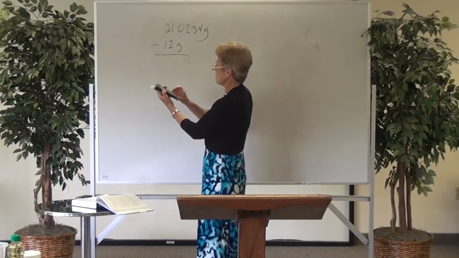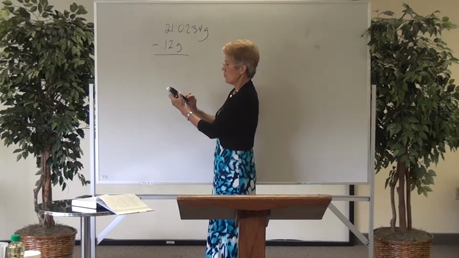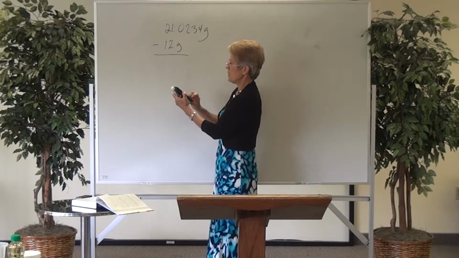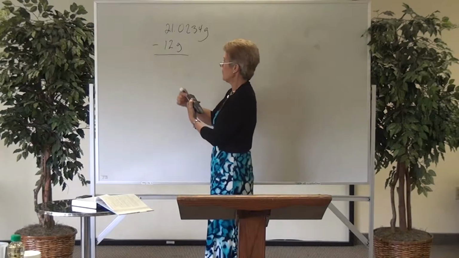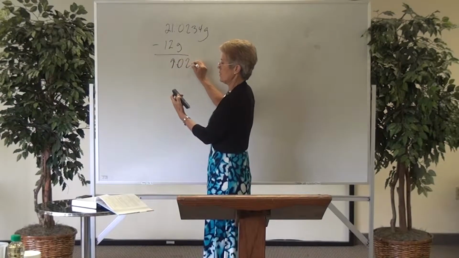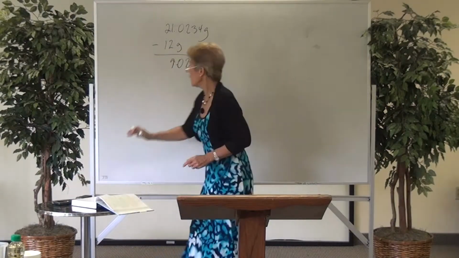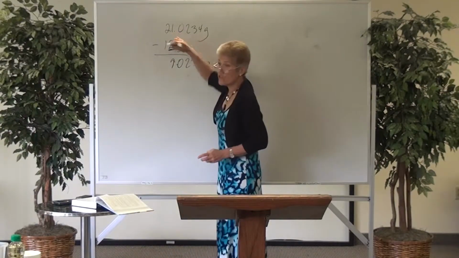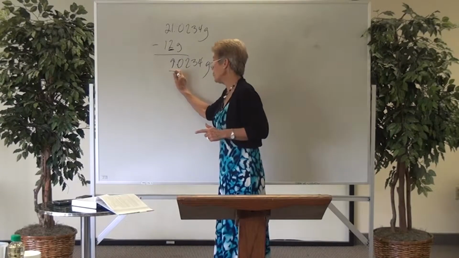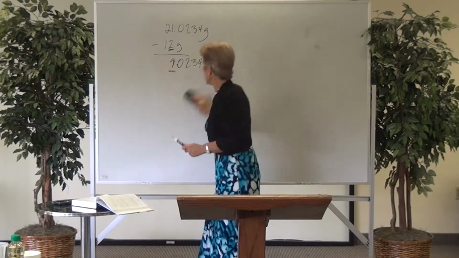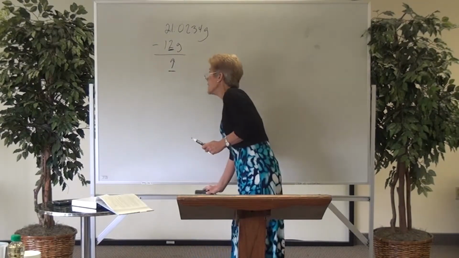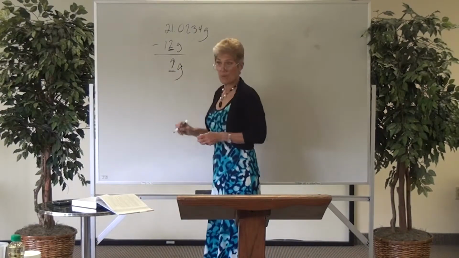I'm going to just do it for you. 21.0234 minus 12. The answer you get in your calculator is this, but we are adding and subtracting. You have to go to least precise. The least precise is to the ones place. So my answer has to be to the ones place. So this will be just 9 grams.